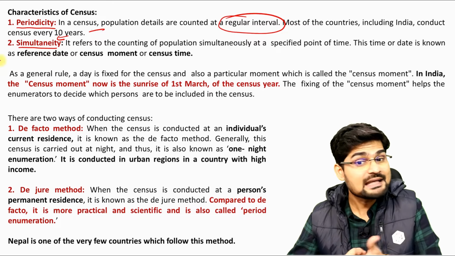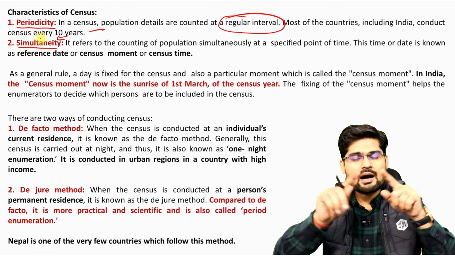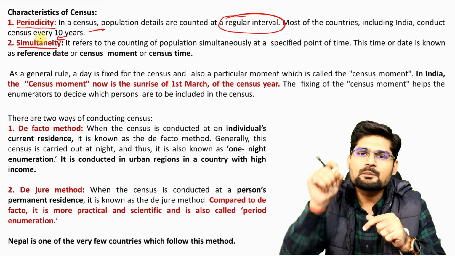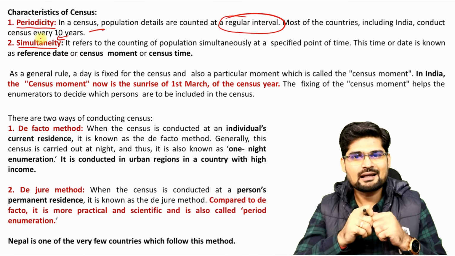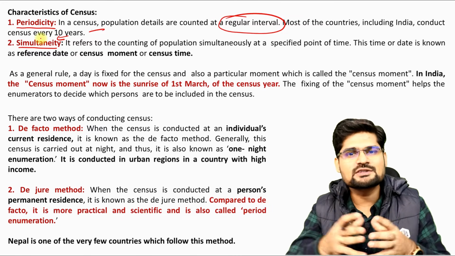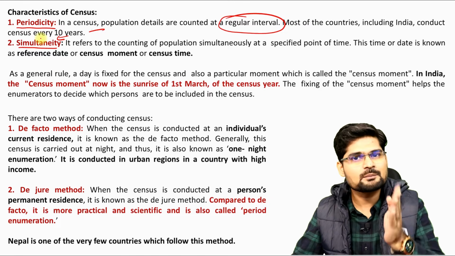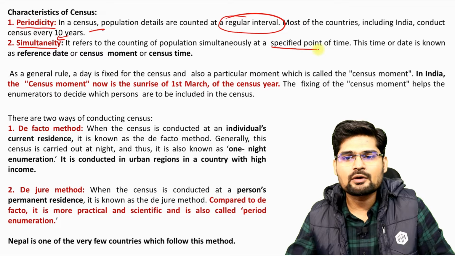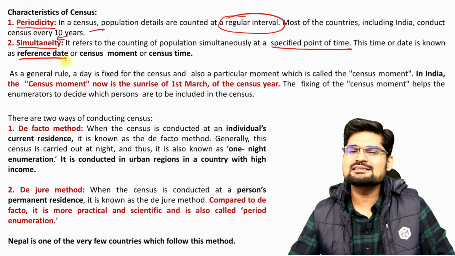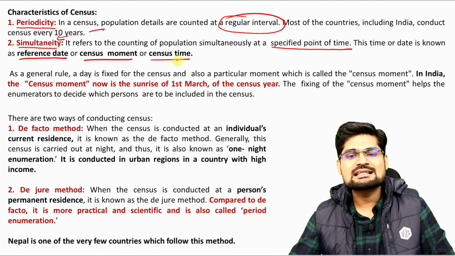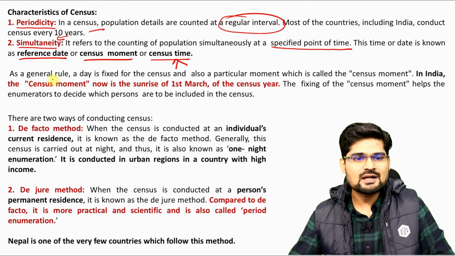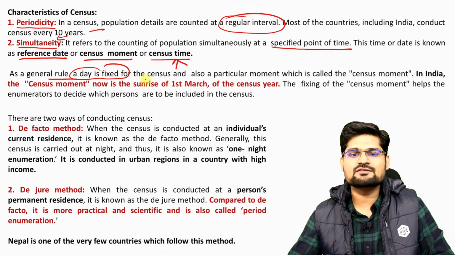Then what is simultaneity? It's very important to count the population of a country at a particular point of time, right? If we count the population at different points of time, we'll have a variation in data. We cannot say absolute data of one particular time. That specific point of time is also called the reference date or census moment or census time. As a general rule, a day is fixed for the census.